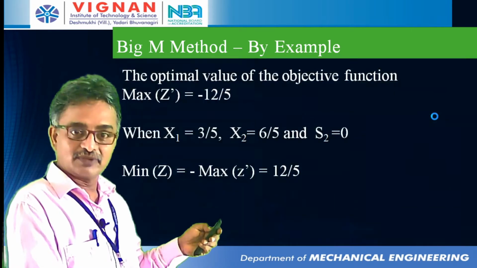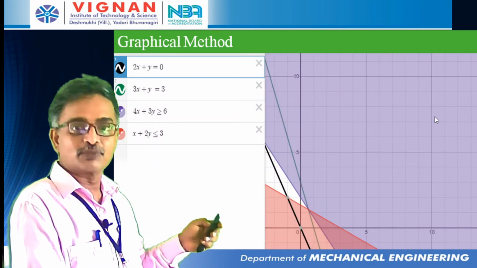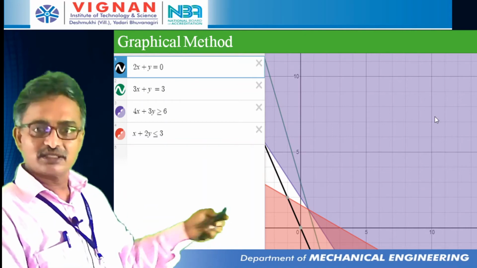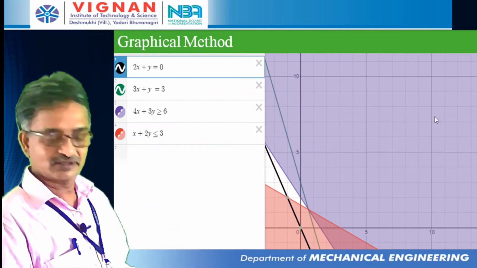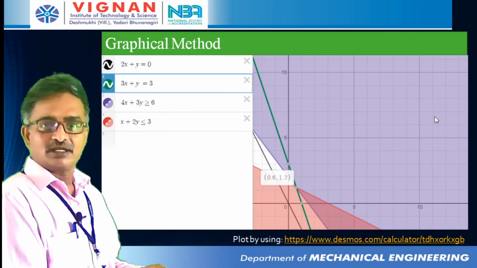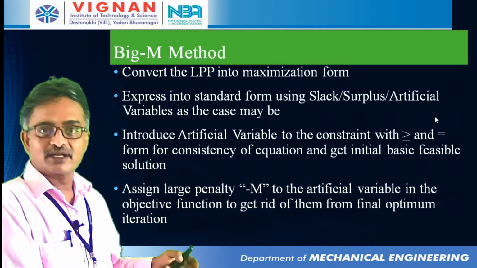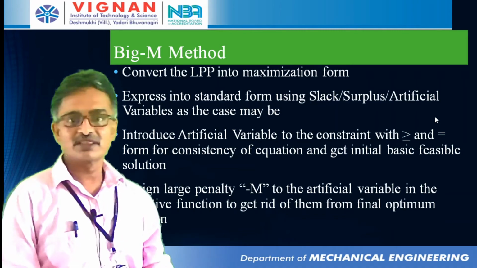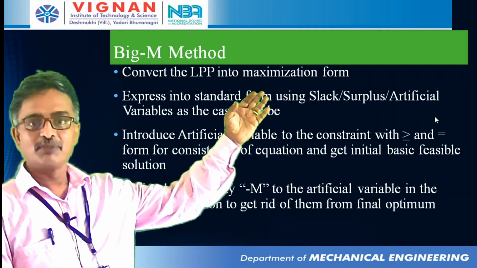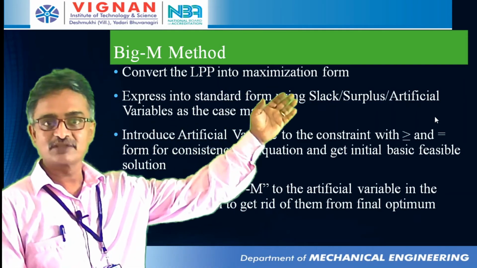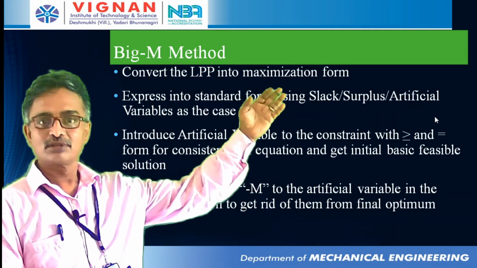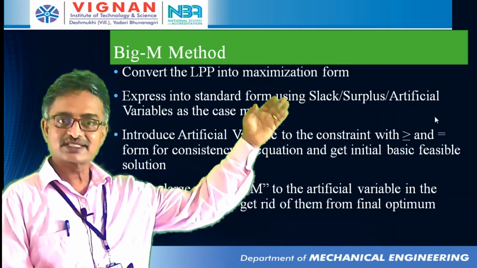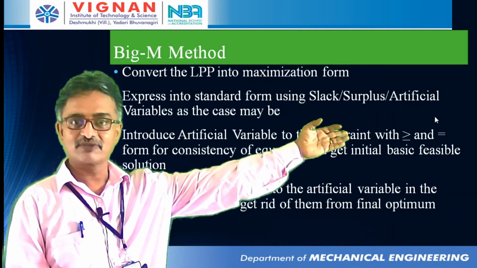You can also observe whether the procedure gives a clear value by verifying with other methods. Now, just to recall, when using the Big M method, convert the LPP, if it is a minimization case, into a maximization form, and ignore this if it is already maximization. Express it into a standard form using slack, surplus, and artificial variables.